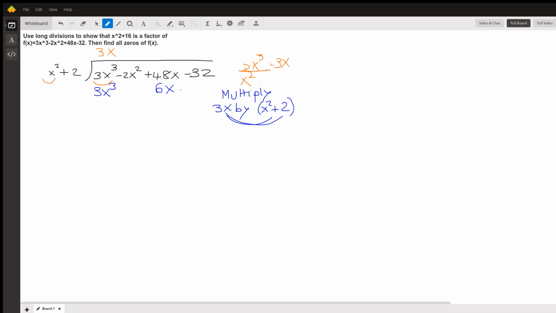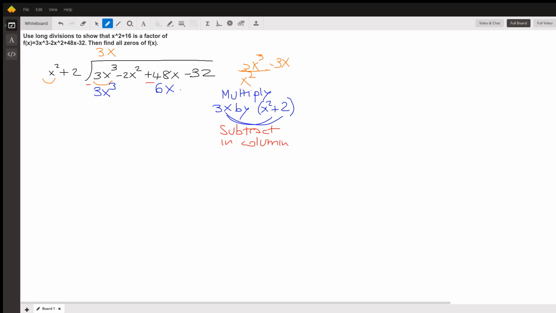All right? Then, the third step will be to subtract in column. Meaning you're going to do 3x cubed minus 3x cubed, 48x minus 6x.